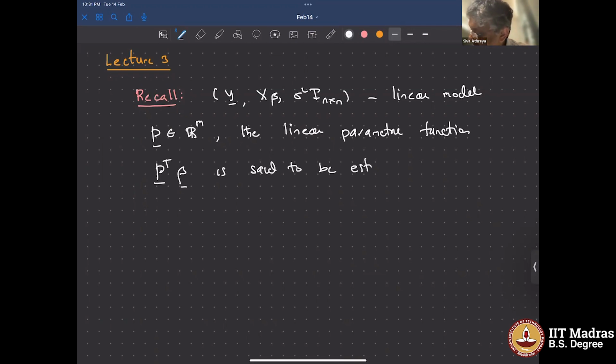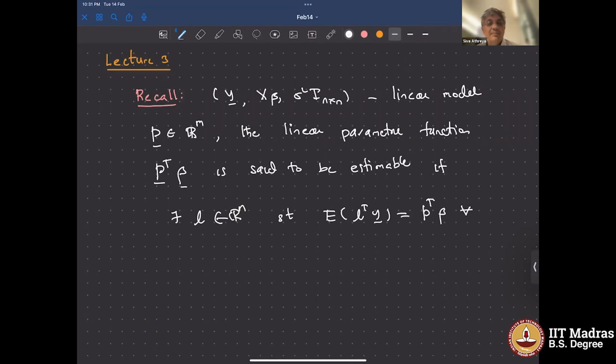that is, it's identifiable from the model, if there exists a vector L in R^n such that the expected value of L transpose Y equals P transpose beta for all beta in R^m.